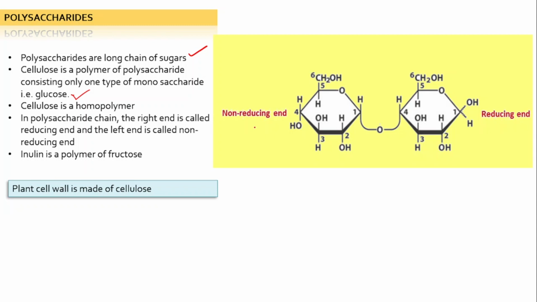In a polysaccharide chain, the right end is called the reducing end, and the left one is called the non-reducing end. And inulin is a polymer of fructose. Like cellulose, which is a polymer of only glucose, a homopolymer, inulin is a polymer of fructose.